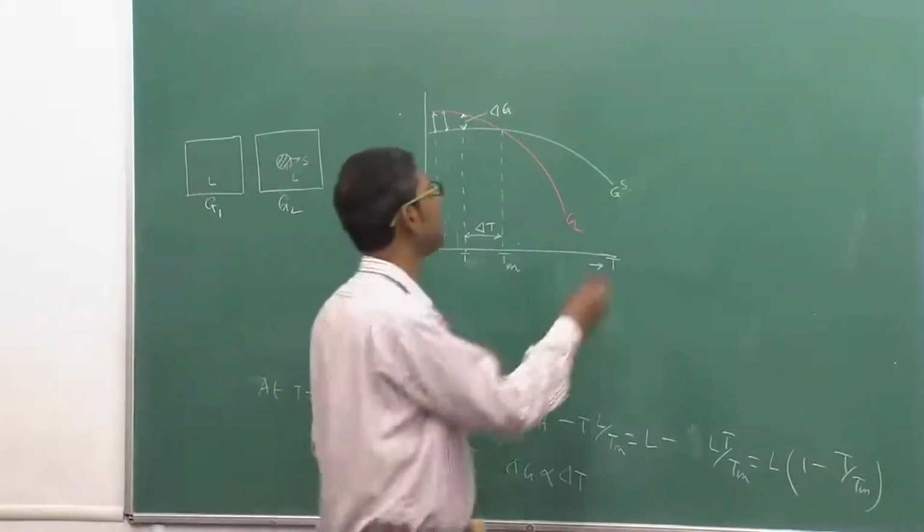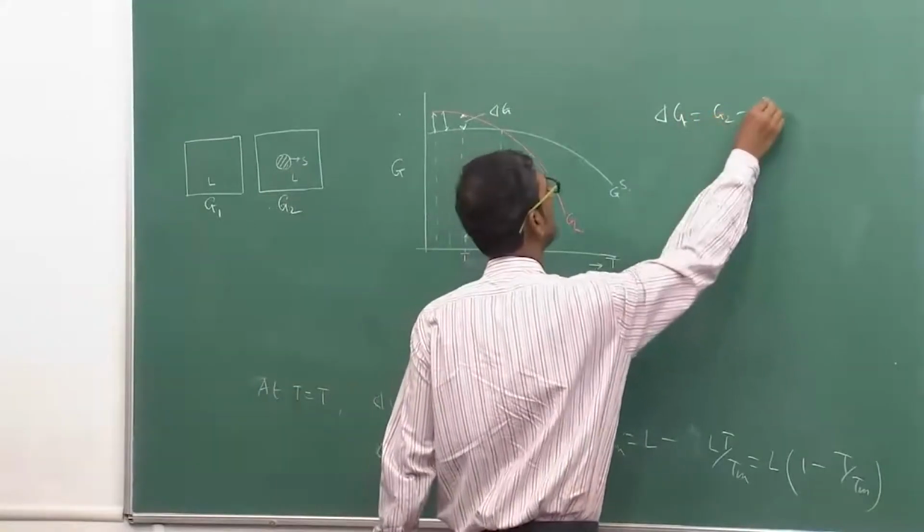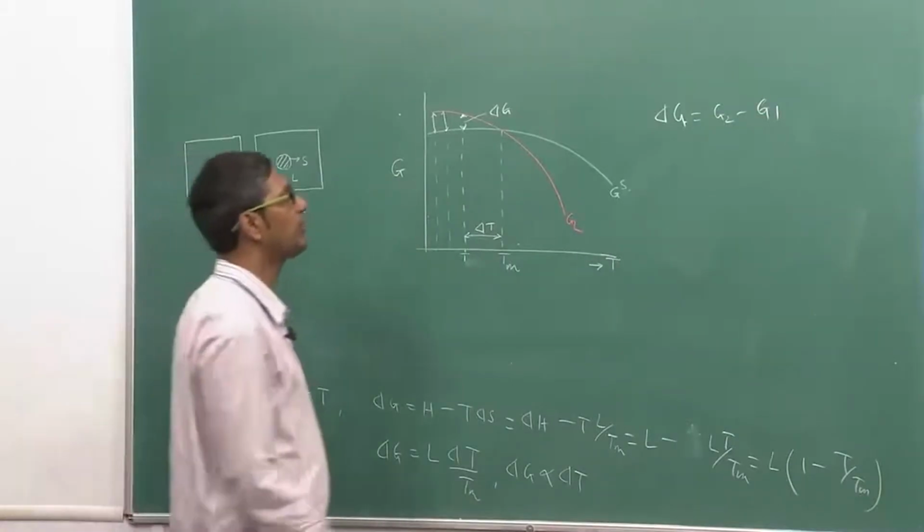So, the free energy difference between these two configurations is G2 minus G1. Now, what is G2 equal to?